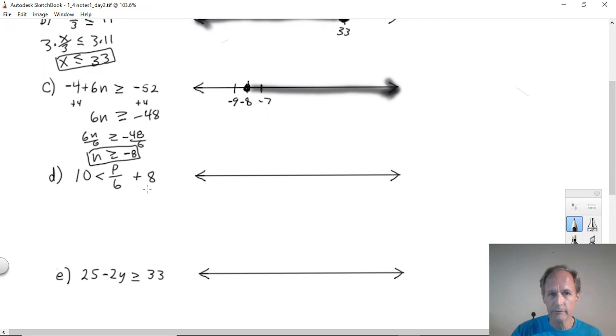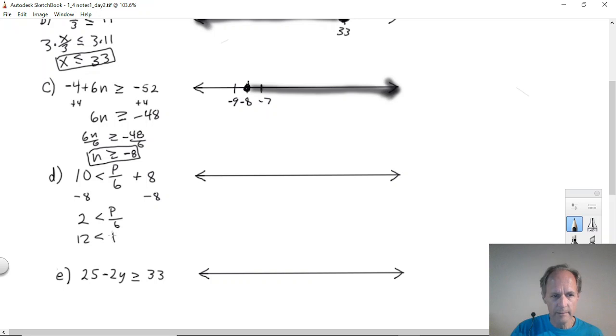Get rid of the 8 first, right? Subtract 8 from both sides. We'll write it in like this. On the left, that leaves 2. 10 minus 8 is 2. On the right, just p over 6. Multiply both sides by 6 to get rid of that 6 down in the denominator, and 2 times 6, of course, is 12.